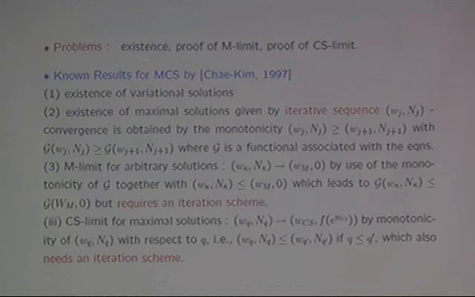For the Maxwell-Chern-Simons models, in the topological boundary condition, we have a result given by Chen and Kim in 1997. First, they show the existence of variational solutions, and also they show the existence of maximal solutions using the super and sub-solution method.